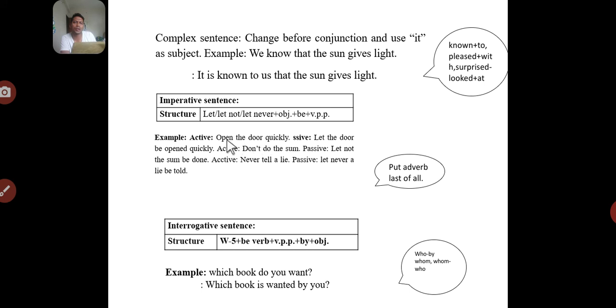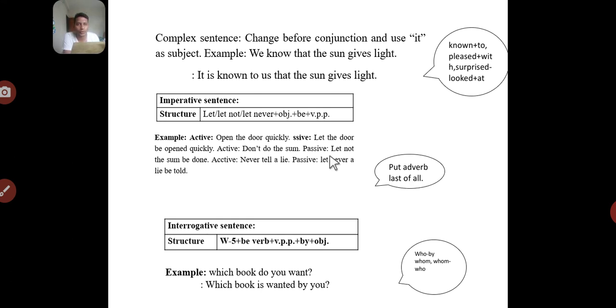How do we find the object? If we ask the verb, what open, the answer is door. And then use be, and then the pp form of the main verb. The main verb is open, the pp form is opened, and then use quickly. There is also a clue: put the adverb last of all.